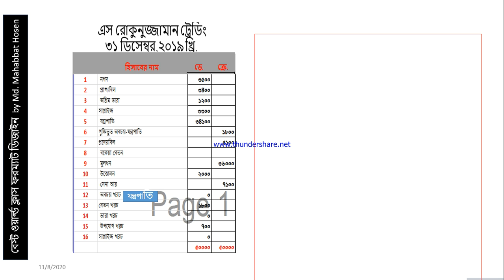And now adjustment number 1. Provided service on credit, 100 taka. We know very well, as it is on credit, the cash amount will not be received at present. It will be received in future. This is why accounts receivable is an asset. So as the asset has increased, the asset will be debit. Here asset means accounts receivable.